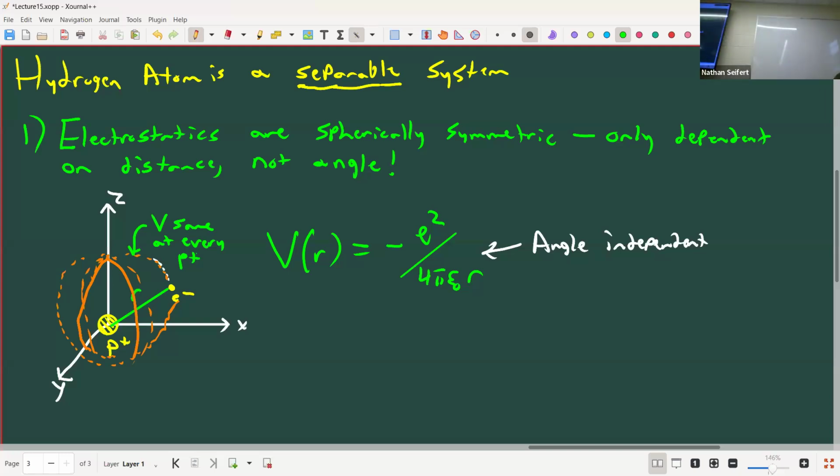That's what we mean by spherically symmetric. It doesn't matter what angle; you have a sphere of constant values. So in some sense, the physics of the electrostatic potential has only one variable. It's a one-dimensional problem.